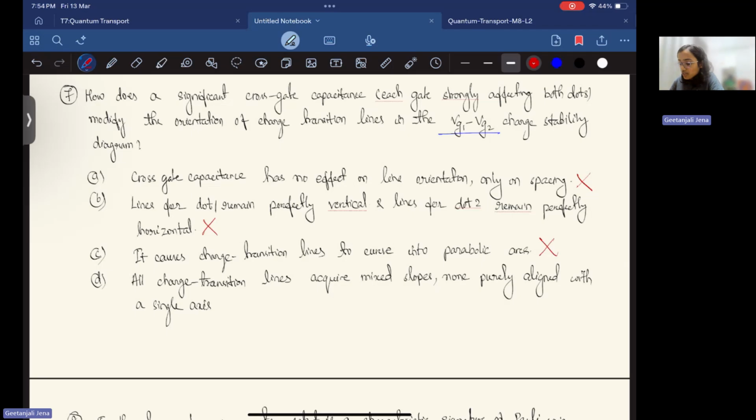Option D, all charge transition lines acquire mixed slope, no longer purely aligned with a single axis, which is true. Because for the cross gate capacitance to be non-zero, we have seen a tilted pattern, where both the VG1 and VG2 patterns get tilted because they are affecting one another. Okay, so that is why the answer for this is option D.